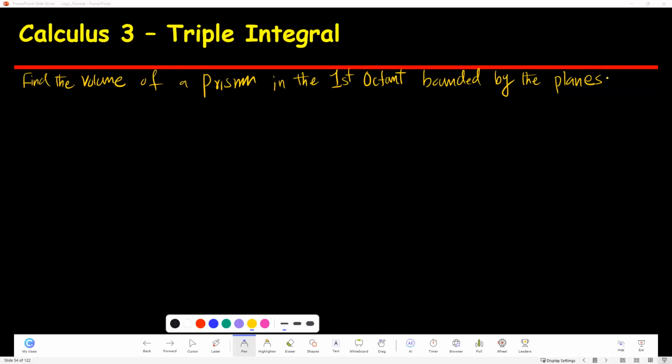The planes given are z equals 4 and y equals 6 minus 3x.